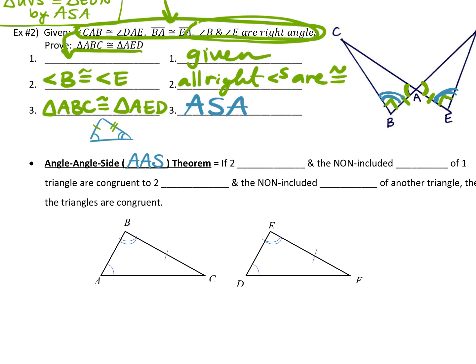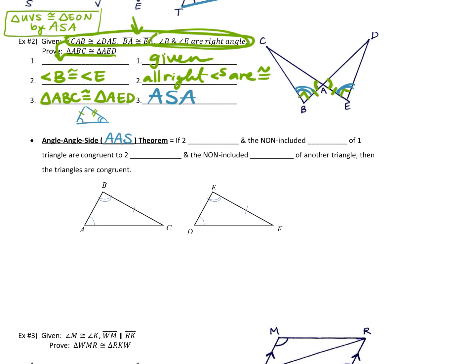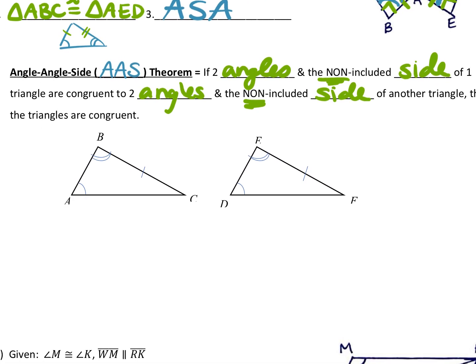Here's what it says. If two angles and the non-included side of one triangle are congruent to two angles and the non-included side of another triangle, then the triangles are congruent. Okay, so look at the picture.